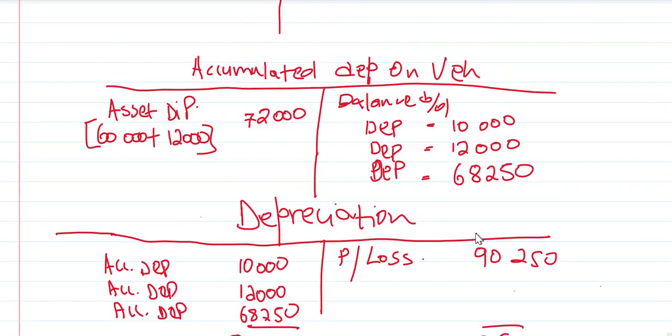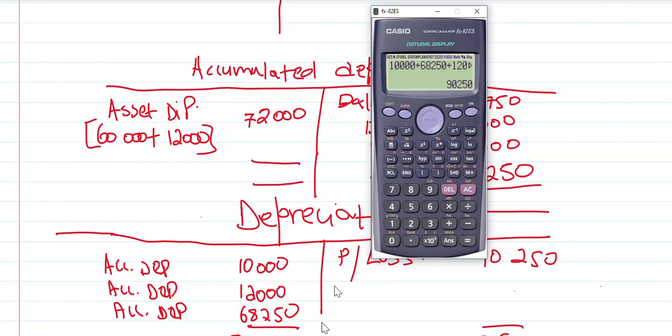Also here in accumulated depreciation, you can just total it up. Remember, balance brought down is 297,750, the opening balance that you were given at the beginning with vehicle. Then you can just total it up and you're gonna have your total there. Let's total it up so quickly.